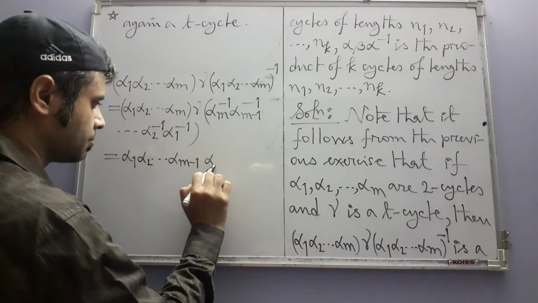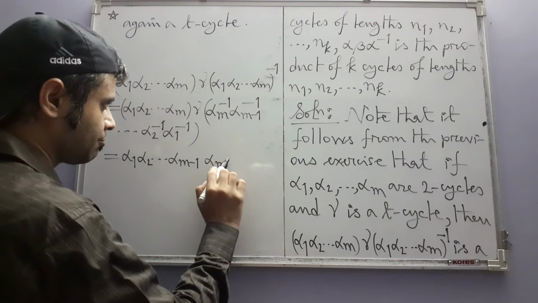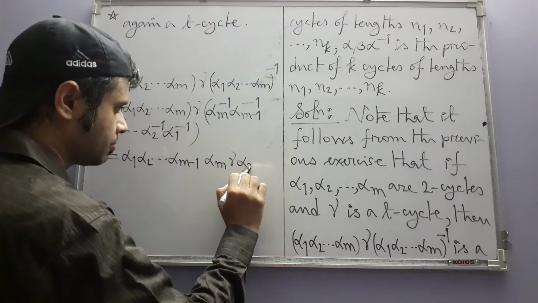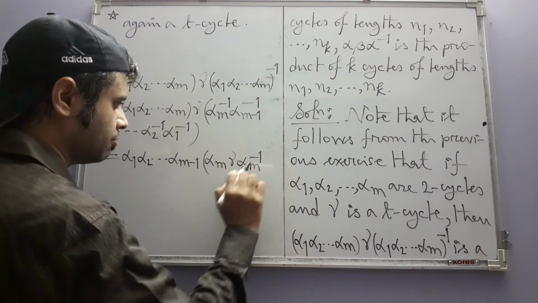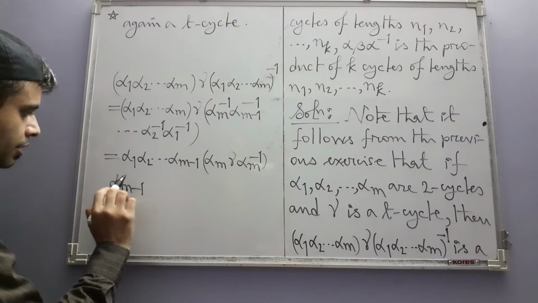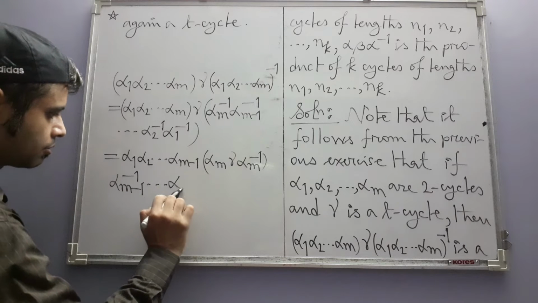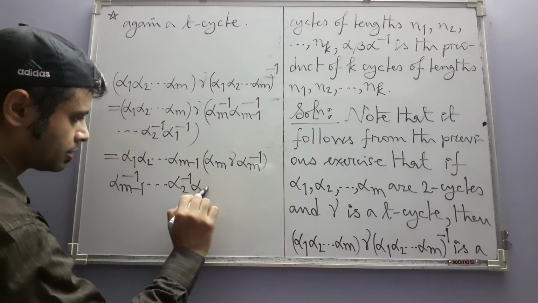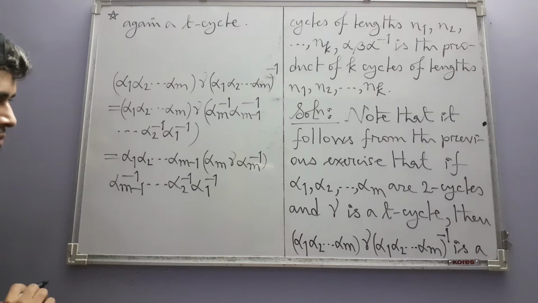M minus 1, alpha m gamma, alpha m inverse. Then after that you of course have alpha m minus 1 inverse, and it will continue like that, alpha 2 inverse, alpha 1 inverse.